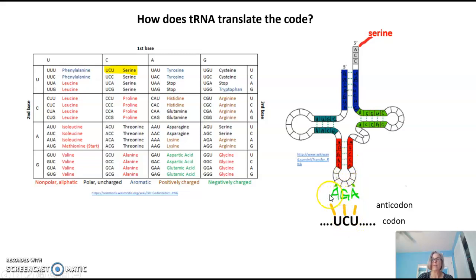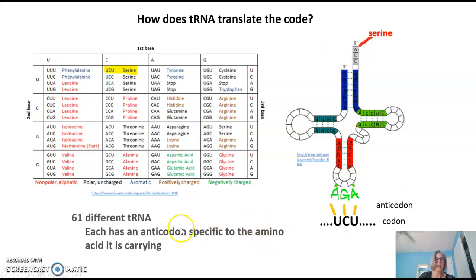The tRNA with the anticodon AGA will always be linked to the amino acid serine. So you can think of tRNA as speaking nucleotide on this end and amino acid on this end. And in this way, the code in the mRNA can be translated into the amino acids. There are 61 different tRNAs, and each has an anticodon that is specific to the amino acid it is carrying.